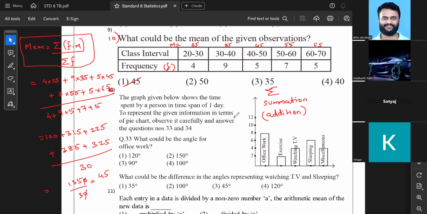So the sum of all the frequencies times their midpoints, and then the bottom will be the sum of all the frequencies. Correct. Sir, is summation the same as addition? Yes, it's one and the same.